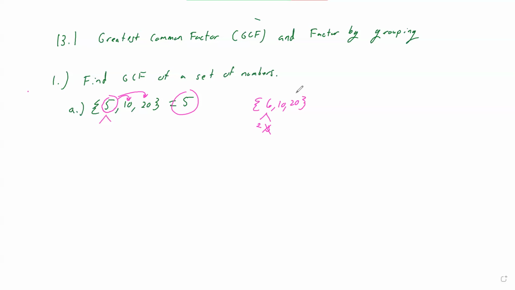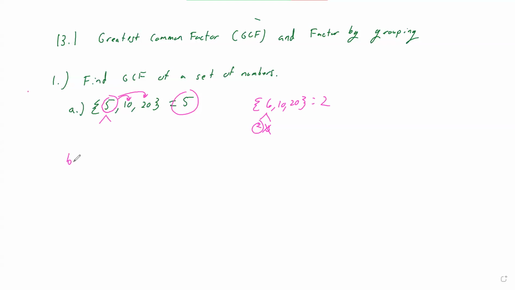Yes. 2 goes into 20? Yes. So 2 becomes the greatest common number that 6, 10, and 20 have in common. So it's greatest, but a lot of times it ends up being smaller than the smallest number you see, whereas least common denominator was either the largest number or something even bigger than that.